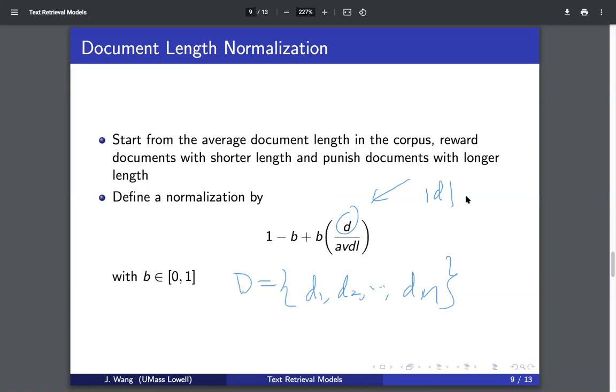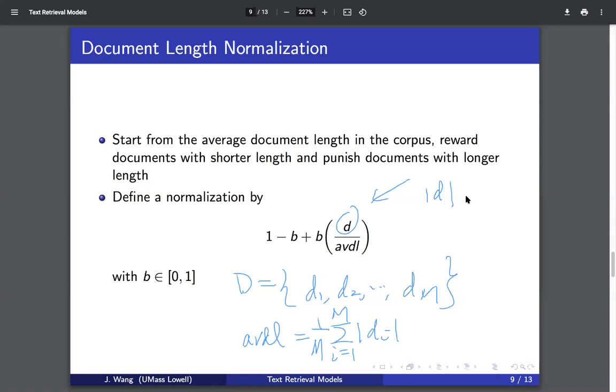The average document length will just be the sum of all of these lengths, for i from 1 to M, divided by M. So this average document length would, in our mind, be something that we should return to a particular query.